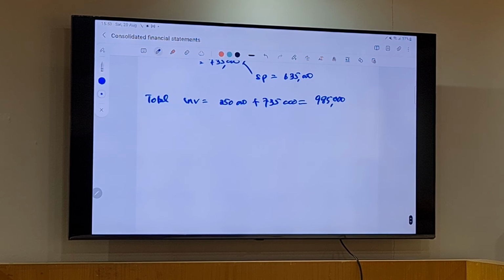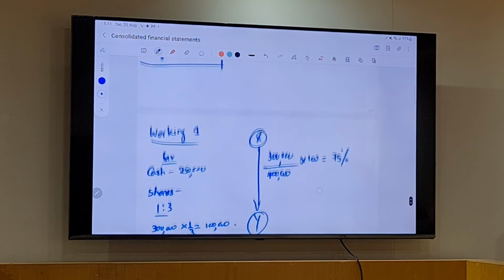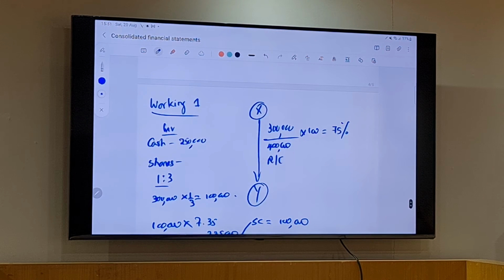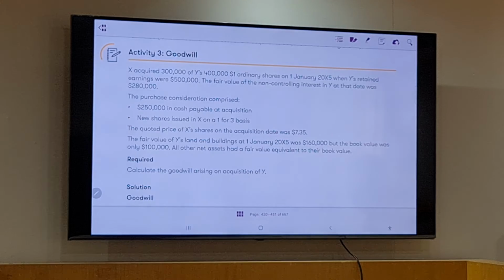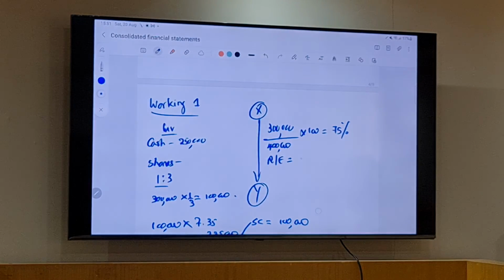Now calculation. Here retained earnings, how much at the time of acquisition? 500,000. The fair value change is 60,000.